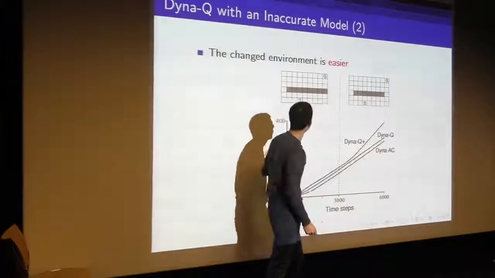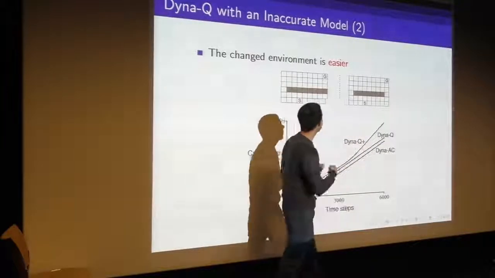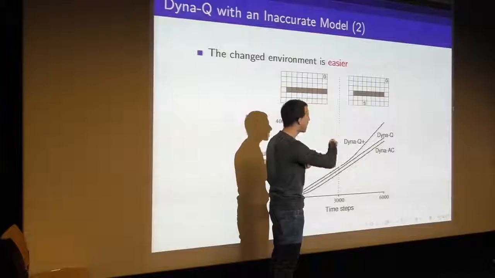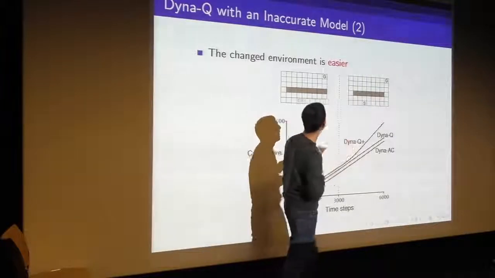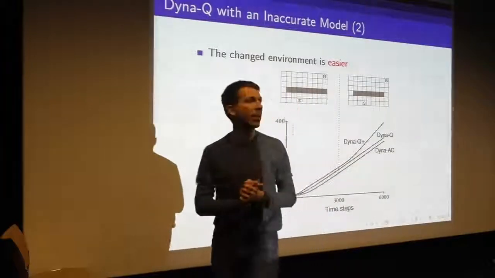If you don't explore anymore, it will continue using this pathway through here. That's what these lines are. But if you tell it to explore a little bit and encourage it again to keep revisiting states that it hasn't visited for a while, it will discover that things have changed and then it will get taken to a new part of the state space.